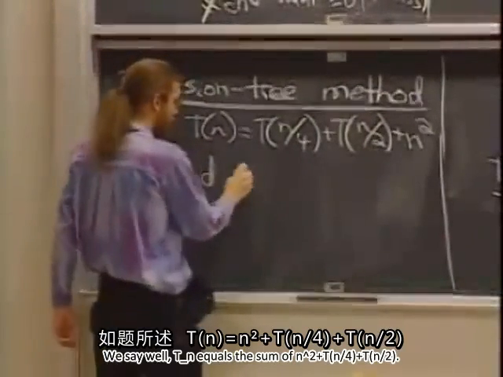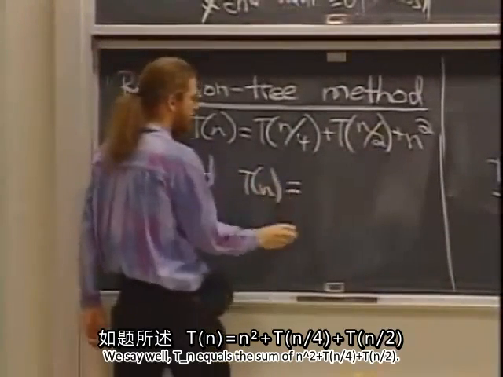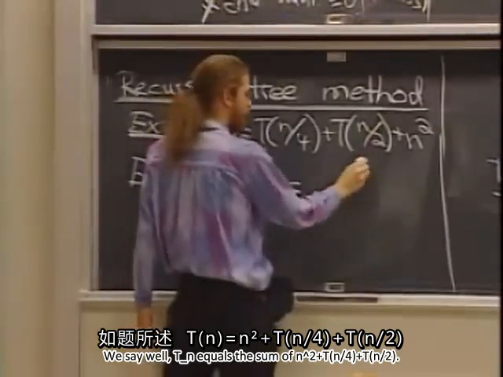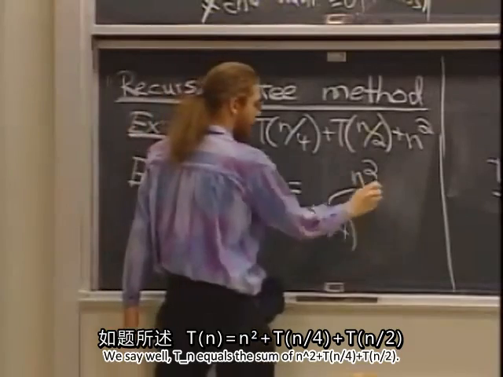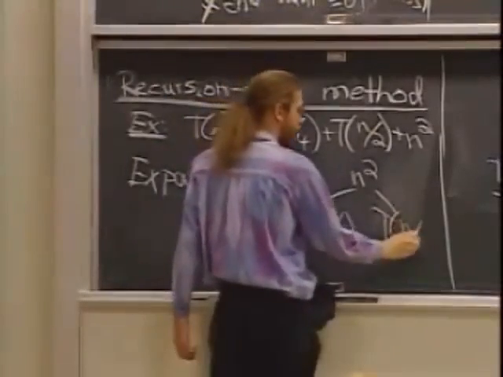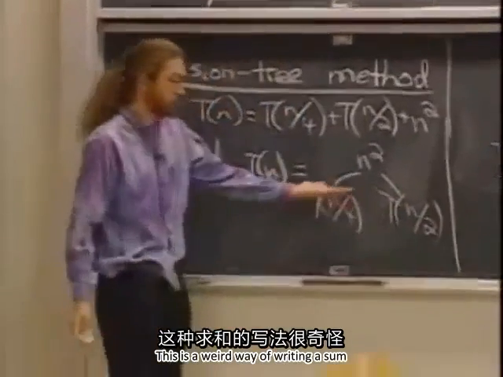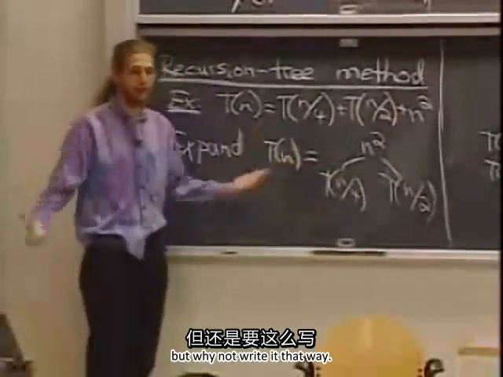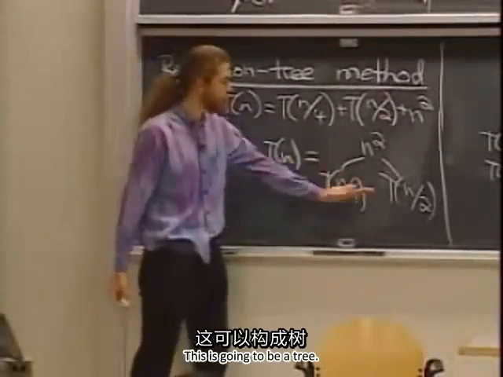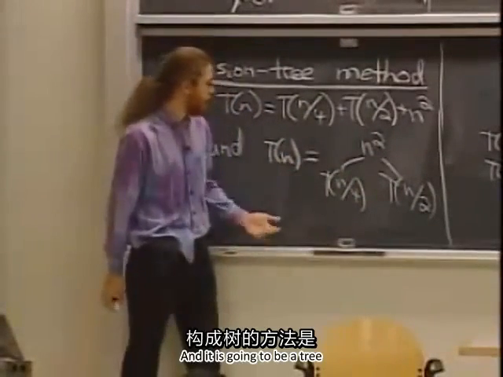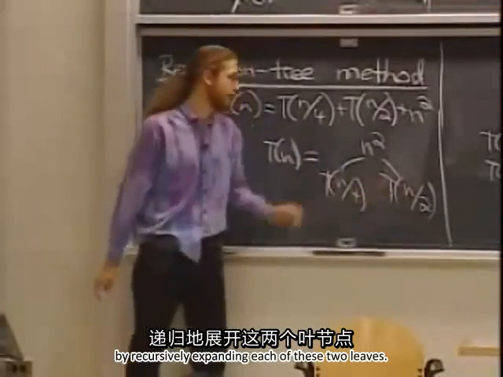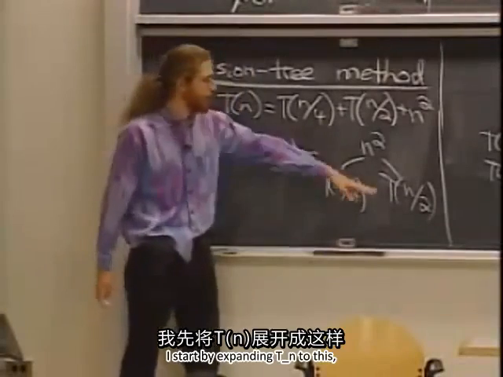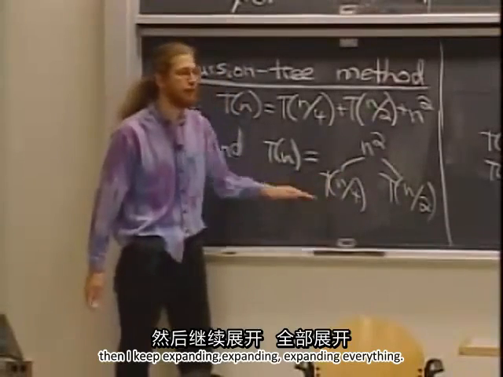We say, well, T of n equals the sum of n squared, T of n over 4, and T of n over 2. This is a weird way of writing a sum, but why not write it that way? This is going to be a tree, built by recursively expanding each of these two leaves. So I start by expanding T of n to this. Then I keep expanding everything.